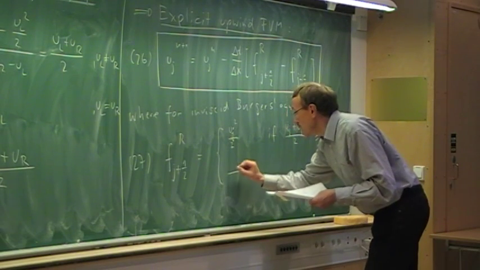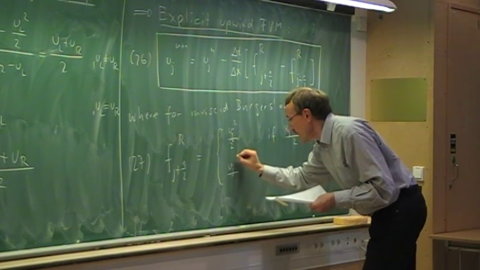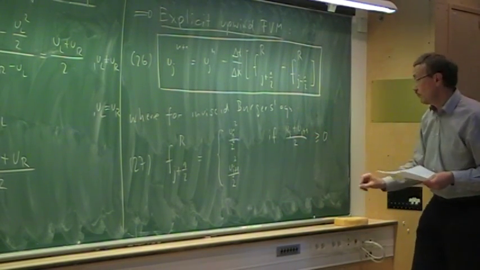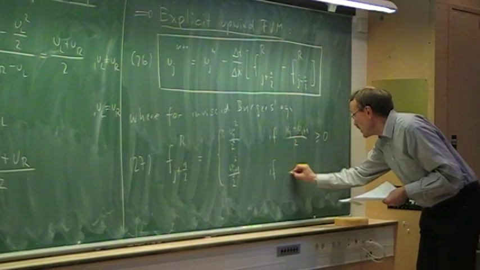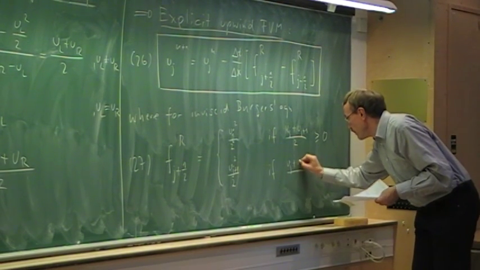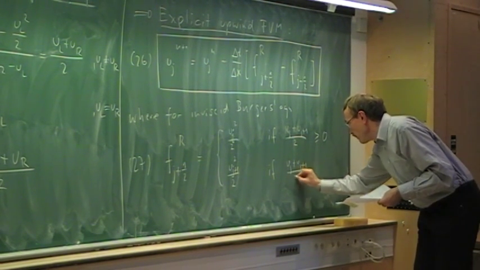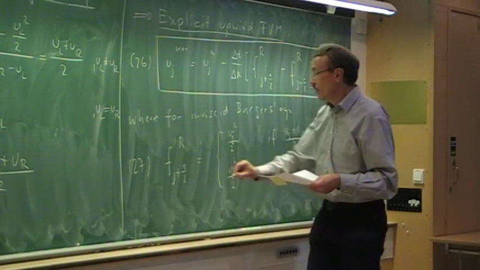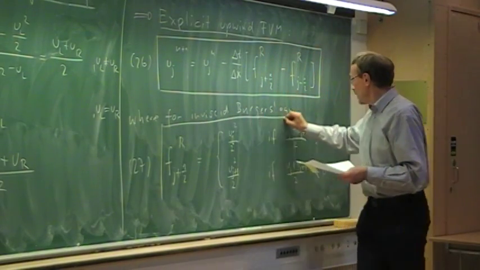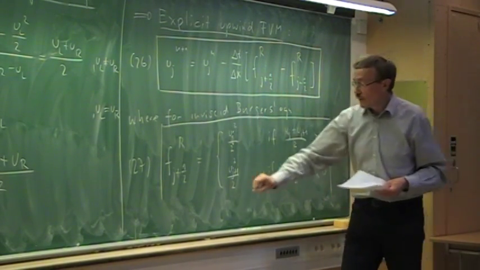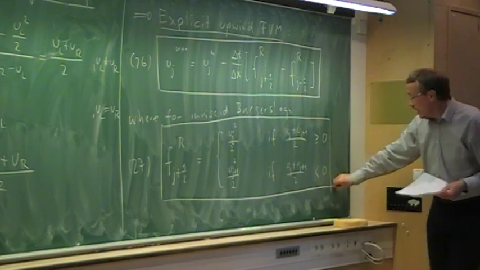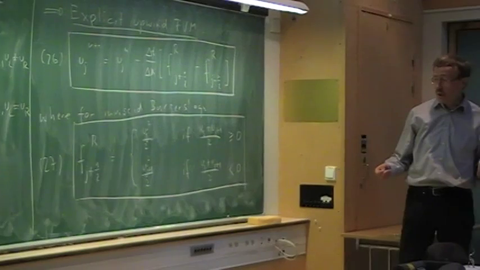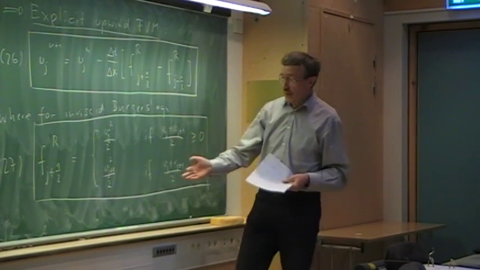In the other case, we take the flux from the right, that is uj plus 1 squared half, if the characteristic speed is negative. So then we have the formula for evaluating the numerical flux for the Upwind method at the phase j plus 1/2. And if we would have j minus 1/2, we just shift the index by 1.